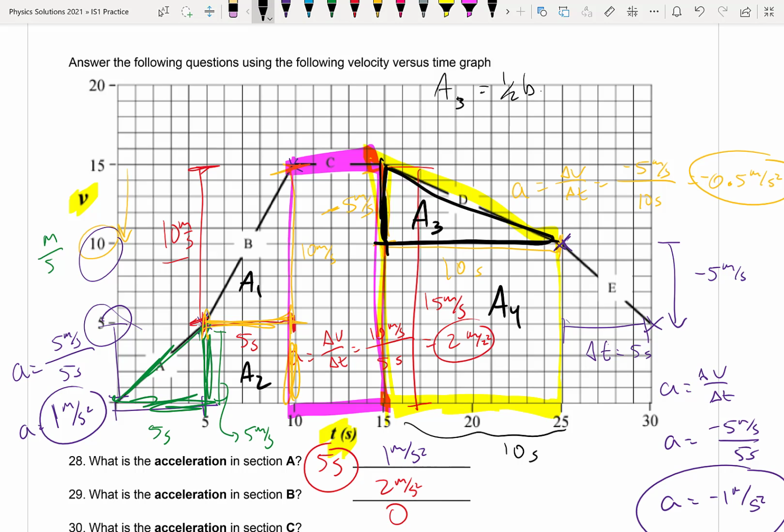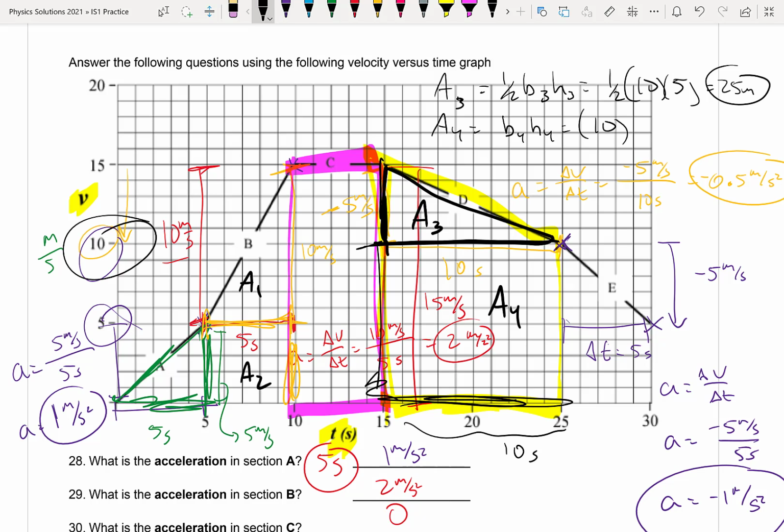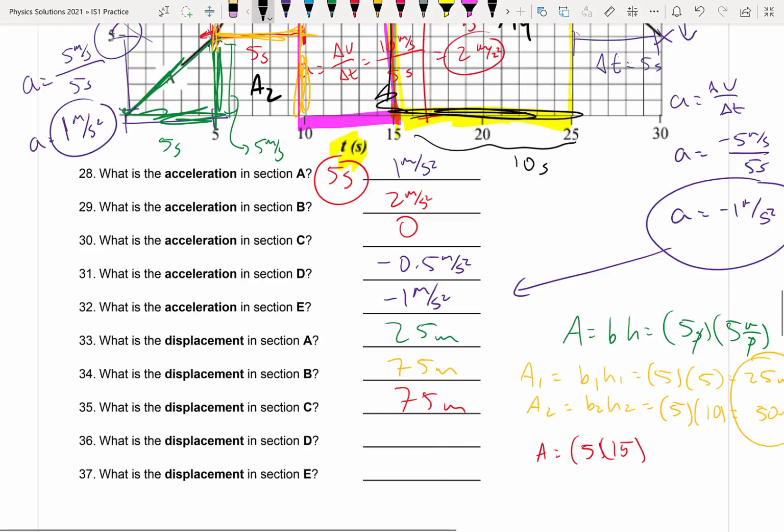That's 1/2 base 3 times height 3. So 1/2, the base is 10 seconds, the height is 5 meters per second. So that's going to be 25 meters right there. That's area 3. Area 4 is again just base times height. So base 4 is 10 seconds times height 4, which is 10 meters per second. So it's 100 meters. So add these together, because that's the total area. It's going to be 125 meters.